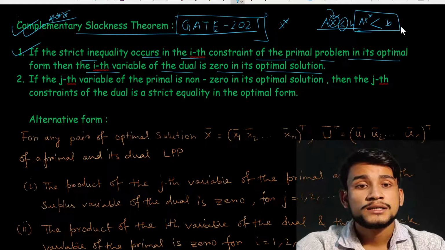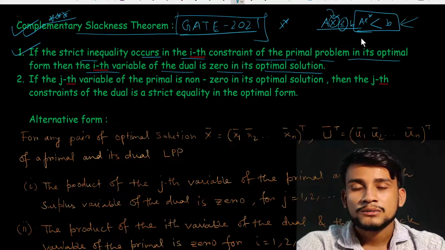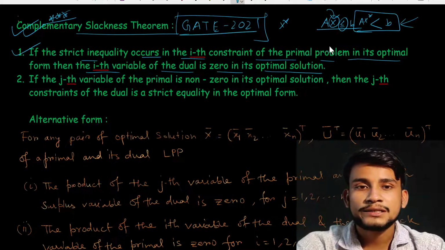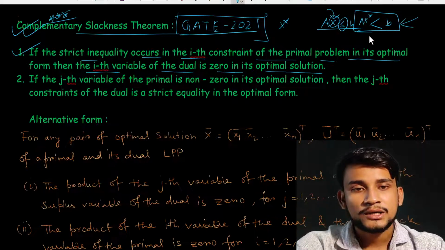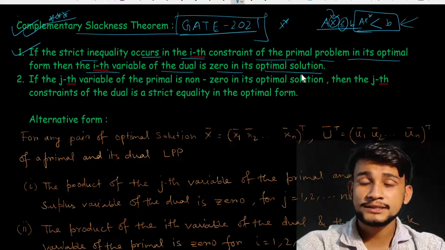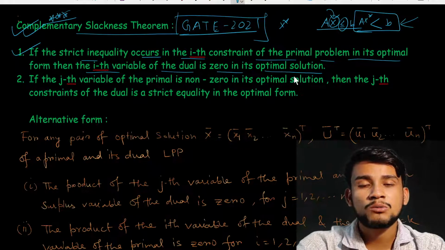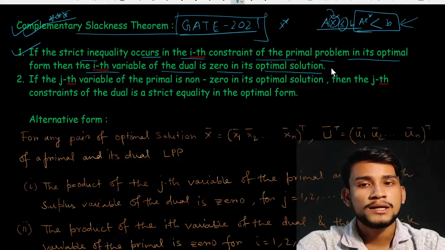Suppose this happens in the third constraint. Then in the dual the third variable is 0 in its optimal form. That means in the optimal solution of the dual, the third variable will be 0. This is its meaning.